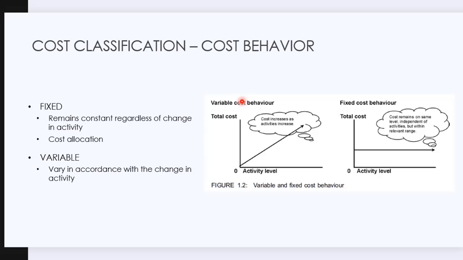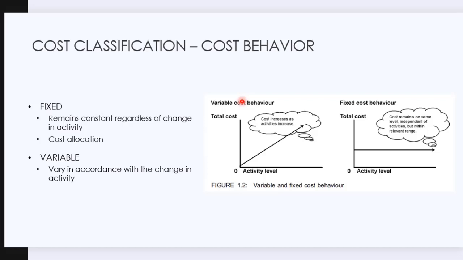Another example would be salary. You would see with salaries that your salary stays the same month on month if you are a permanent employee. You get paid the same amount every single month, regardless of whether the company is making profit or not, the amount they agreed on for that year.